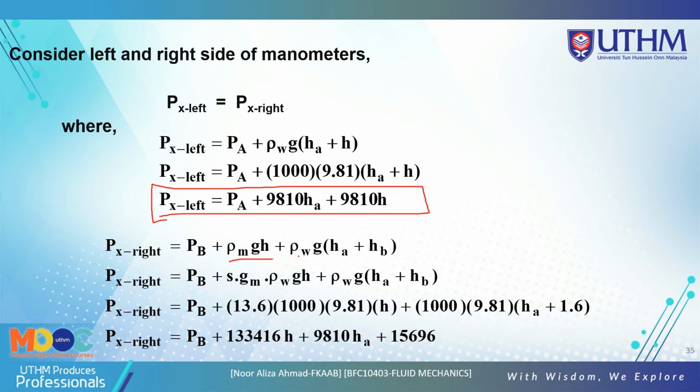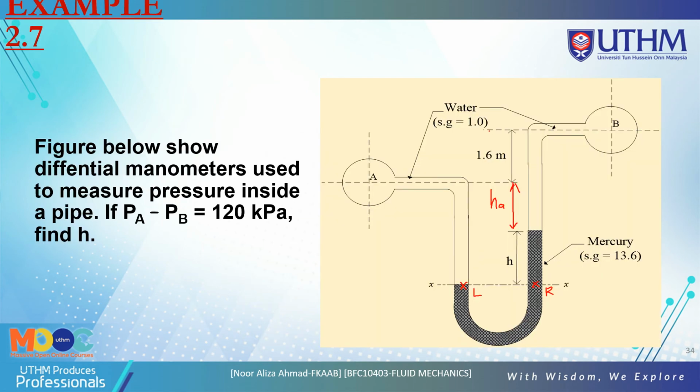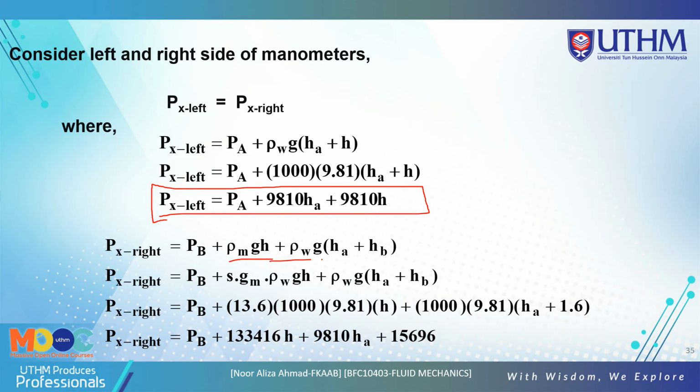And also the water here: density of water times g times 1.6 plus HA, the depth here. So for the mercury here, it is density of mercury times g times H. So that's why you get this value.